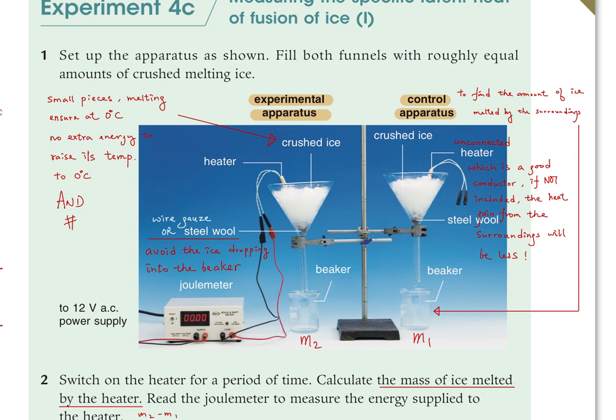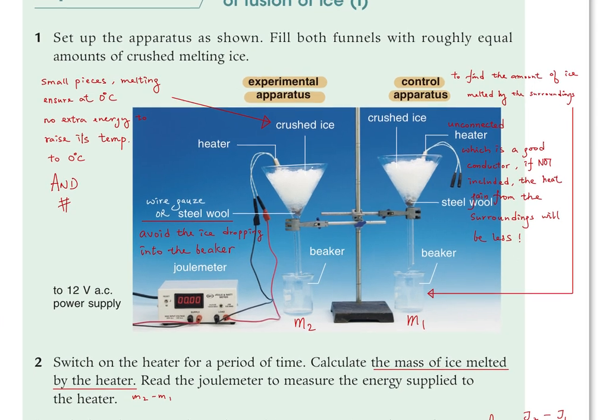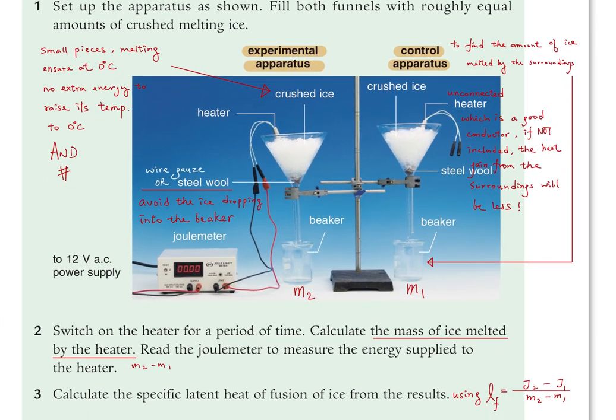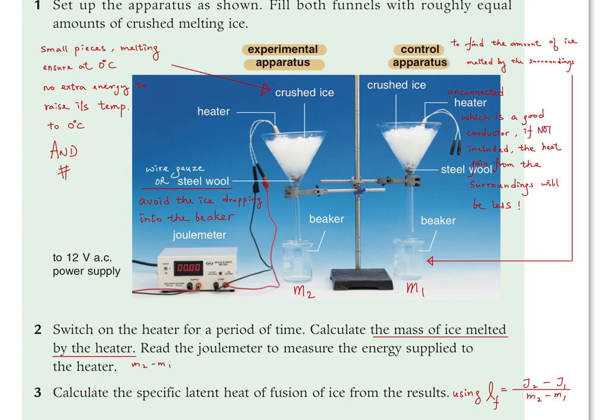There will be different masses of water collected in the two beakers. And of course, the mass collected on the left in the experimental setup would be larger. The difference in the mass of water collected is the mass of ice melted by the heater itself.